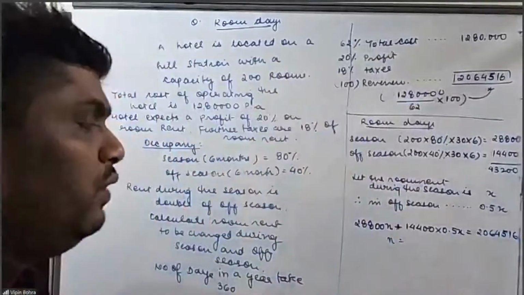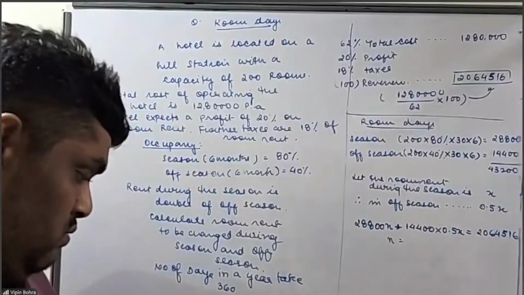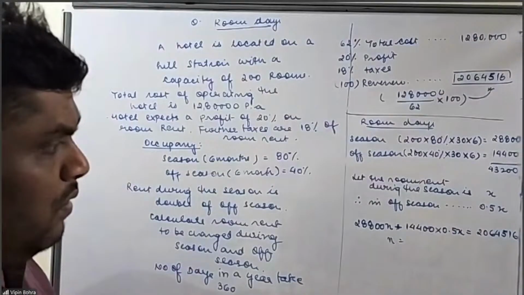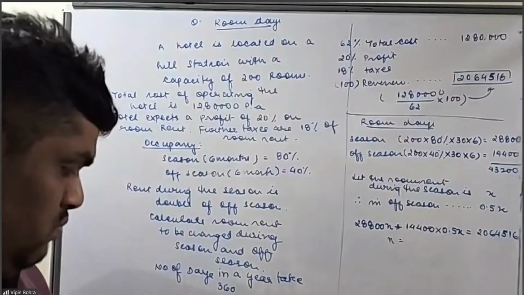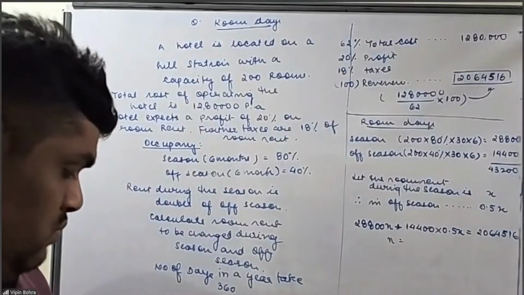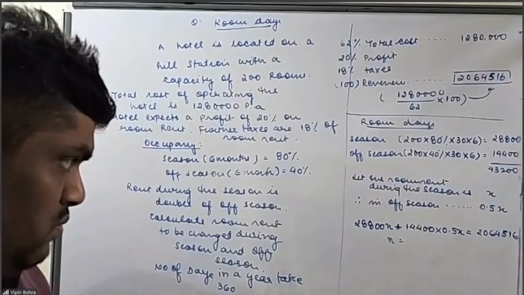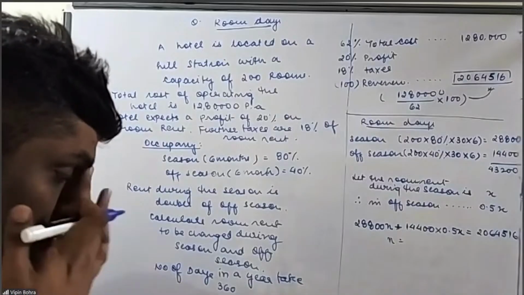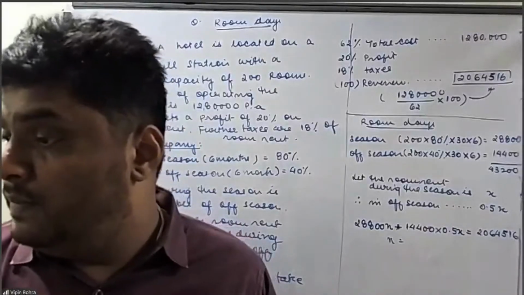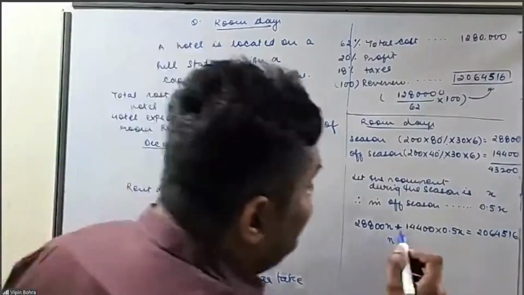So we can easily calculate the value of X. So this will be 57.34, or 57.35.